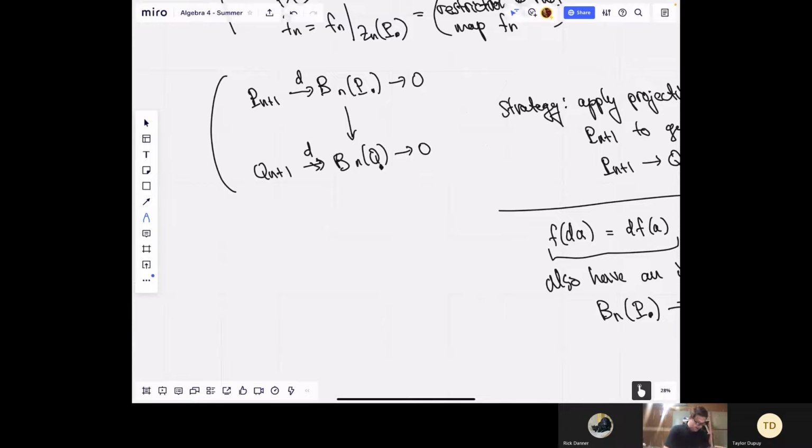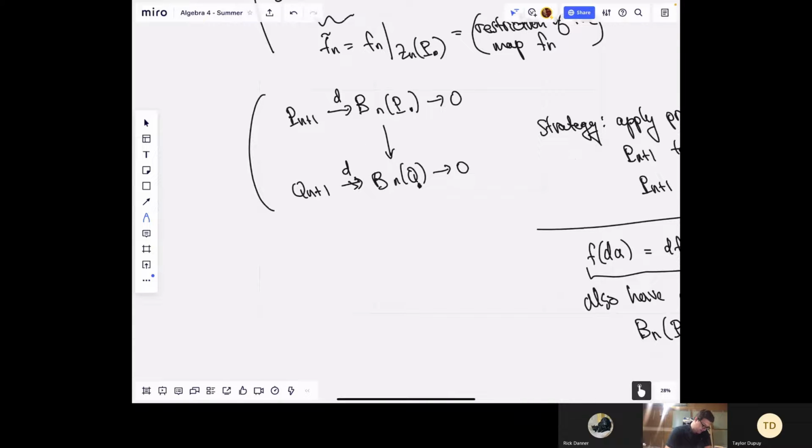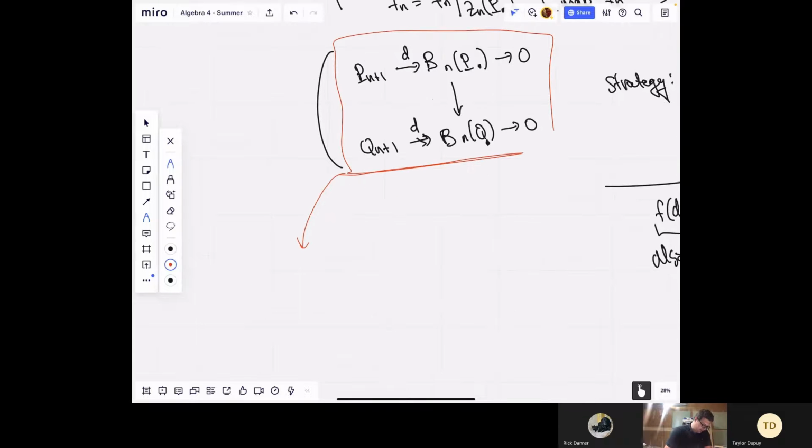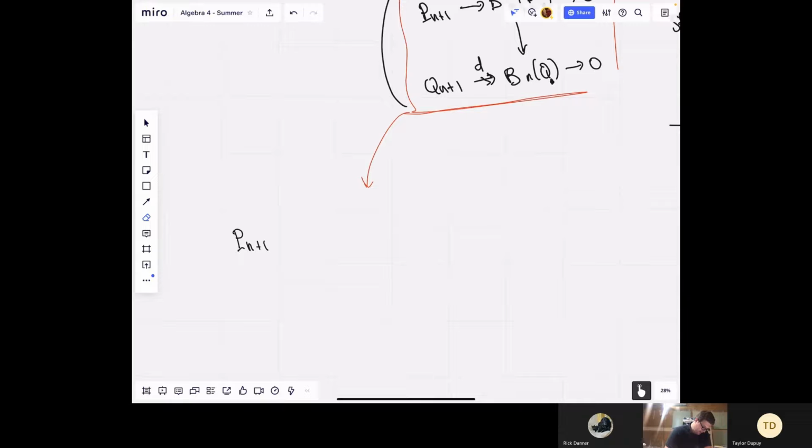Okay, so this map is surjective, and now we can write this diagram so we set it up to look like our universal property. We have a map Pn plus 1, and a map Qn plus 1, which surjects onto B in Q bullet.